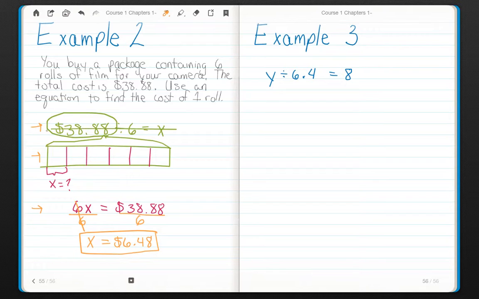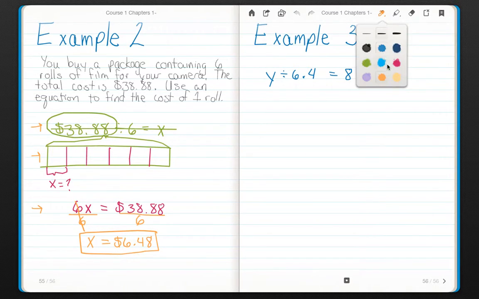All right, example 3. This time we're going to use the multiplication property of equality. So here I have y divided by 6.4 equals 8. Because I have division, in order to undo division, I'm going to use multiplication.